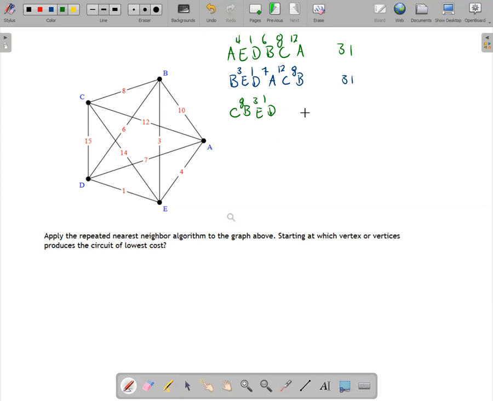A hasn't been hit yet, so we have to go from D to A next. That's 7. And then A can take us back to C for 12. So A, B, C, D, E, starting and ending at C, looks good. Adding this up, I get, let's see, 8 and 3 is 11, 12, 19, 31 again.